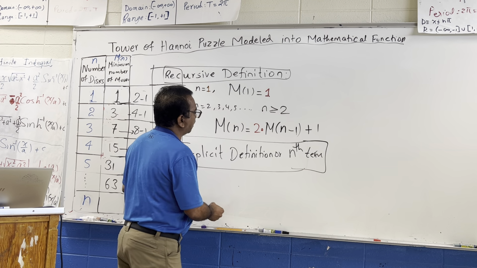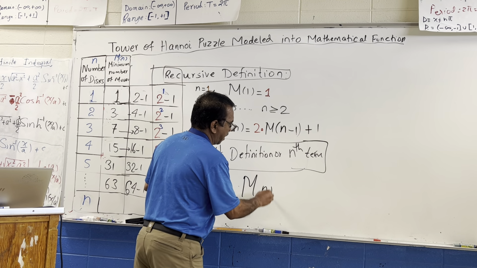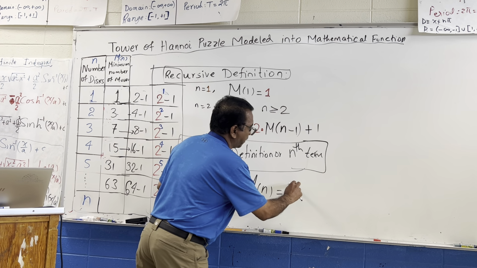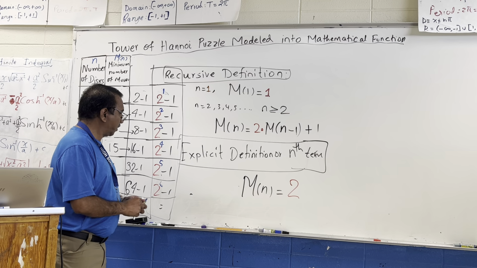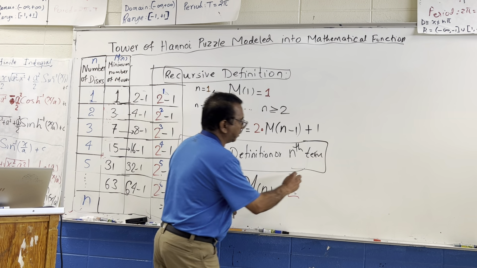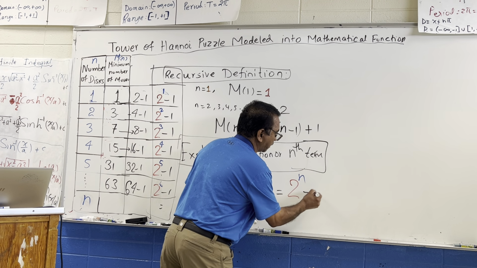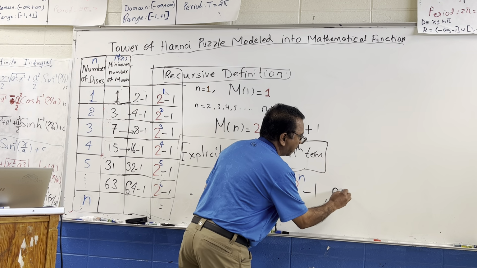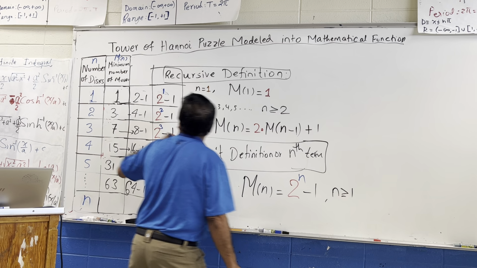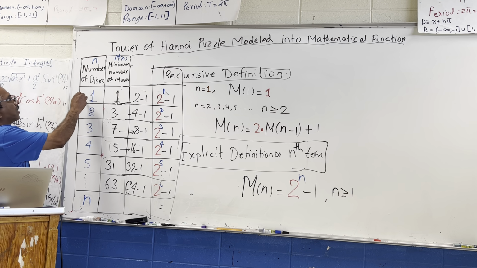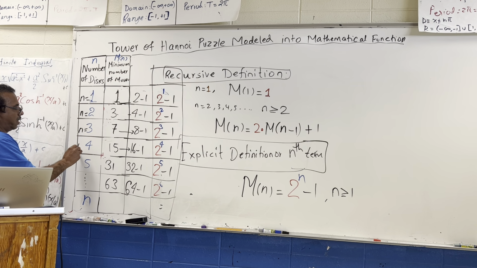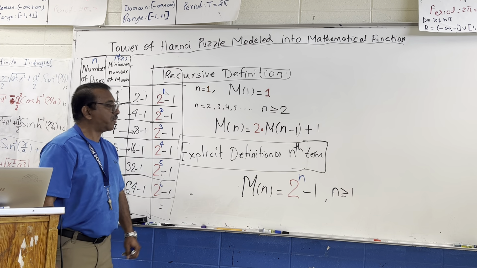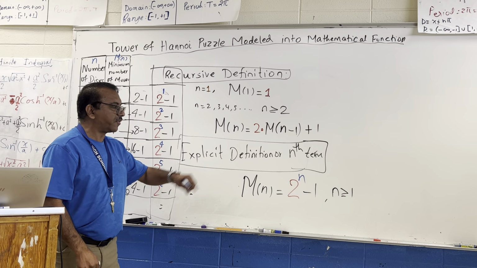So the new function is: the nth term equals the base 2 raised to the same n, the blue n, minus 1, for n greater than or equal to 1, because it starts with n equals 1, 2, and so on, right? Hope it makes sense. So finally, we get a beautiful function, and we know what that function is.